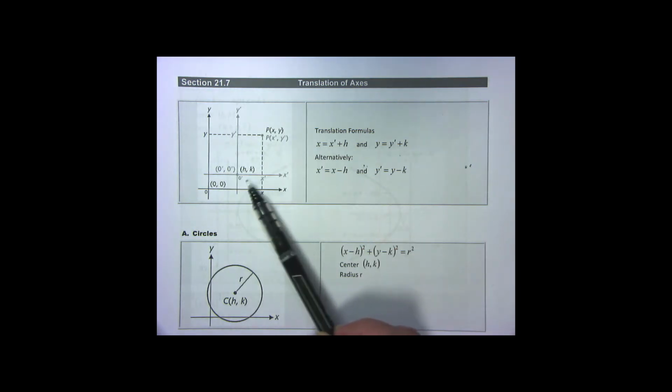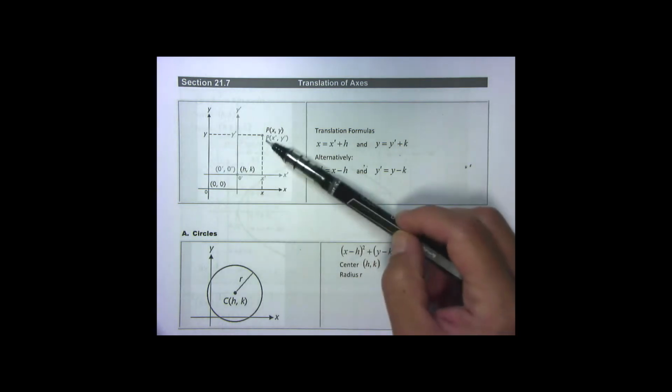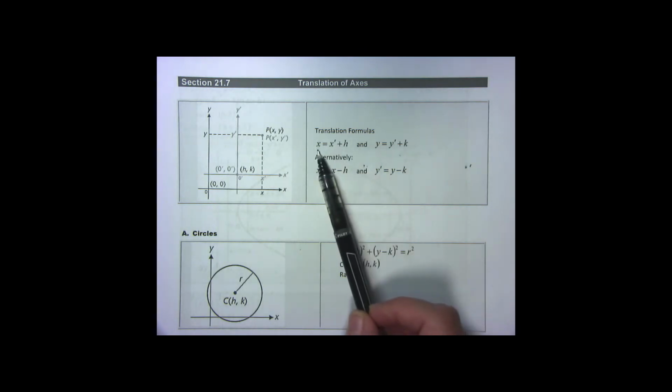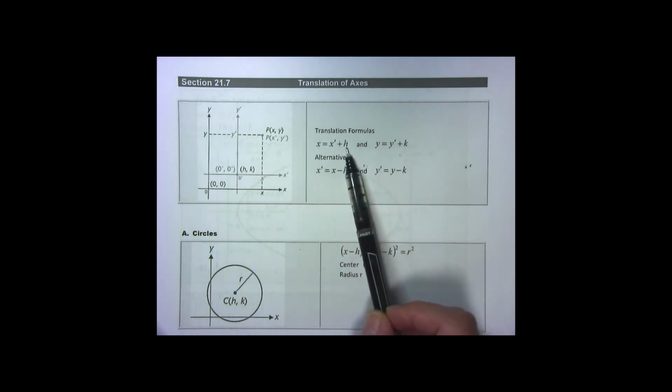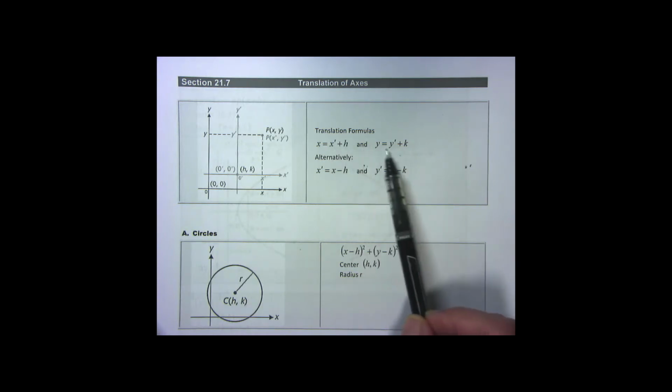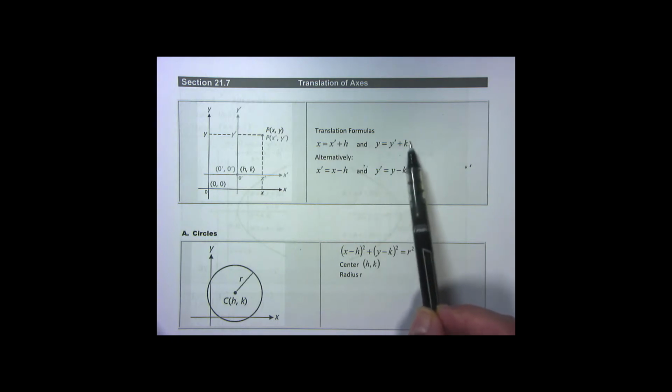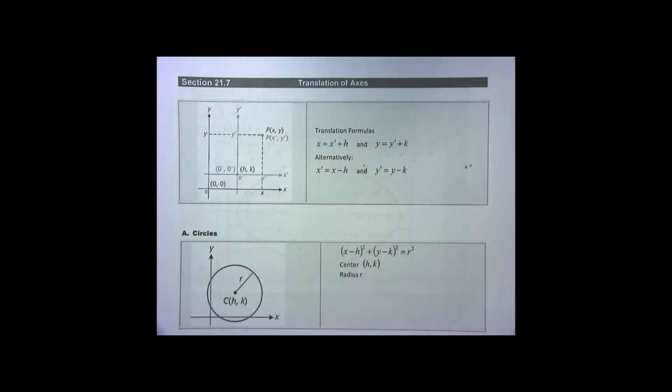I am moving, well, we're going to say x prime units to the right, y prime units to the top. So the translation formulas are that your new x value will be x prime plus h, the amount that was moved. So the original x plus the amount that was moved, and y will be equal to y prime plus k, the amount moved in the vertical direction, right? Or alternatively, x prime is equal to x minus h, or y prime is equal to y minus k.